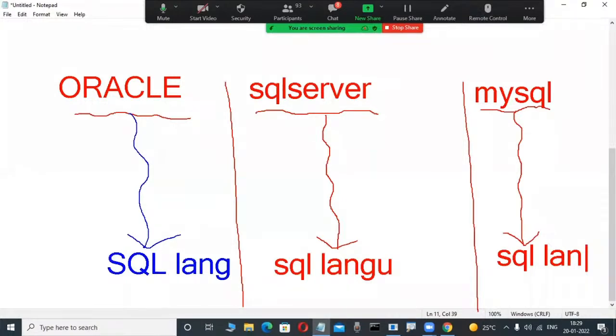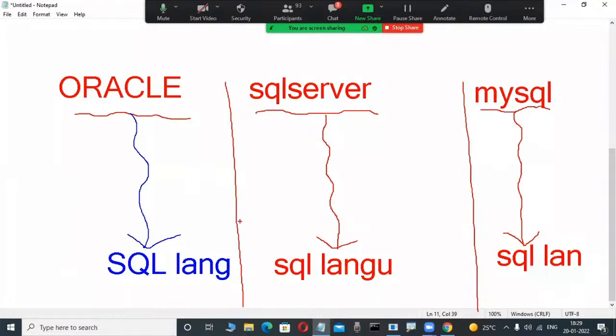Now what is my doubt? So many people are attending this demo class, and those people have a doubt. Are all these SQL languages the same or different? I have a doubt here. Can anybody guess? Only one answer is correct. Whether you are working on an Oracle database product, or your friend is working on SQL Server, or your other friend is working on a MySQL database product, all these persons are using SQL language only.